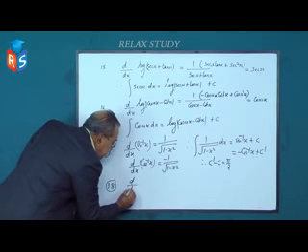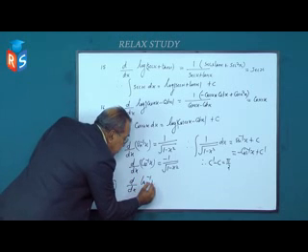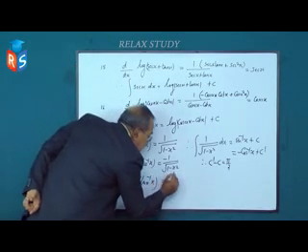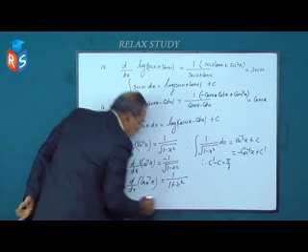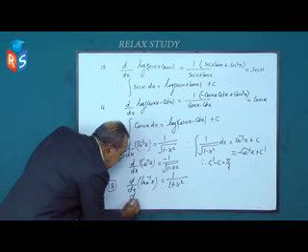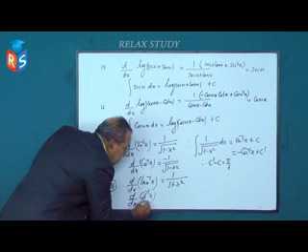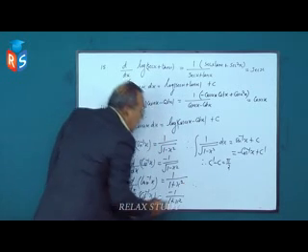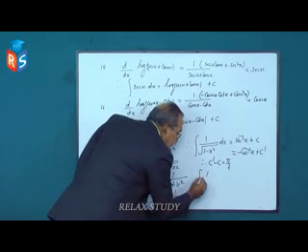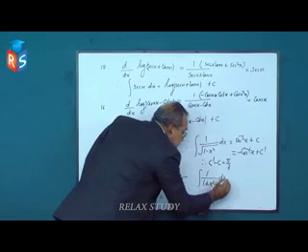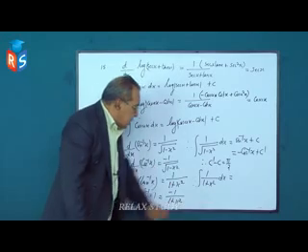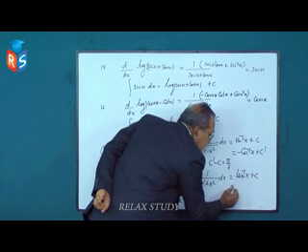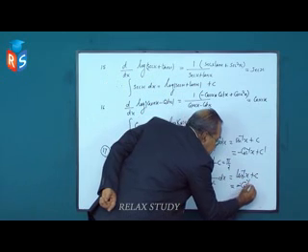d by dx of tan inverse of x is equal to 1 by 1 plus x squared. d by dx of cot inverse of x is equal to minus 1 by 1 plus x squared. Therefore, integral of 1 by 1 plus x squared dx is equal to either tan inverse of x plus c or minus cot inverse of x plus c dash.